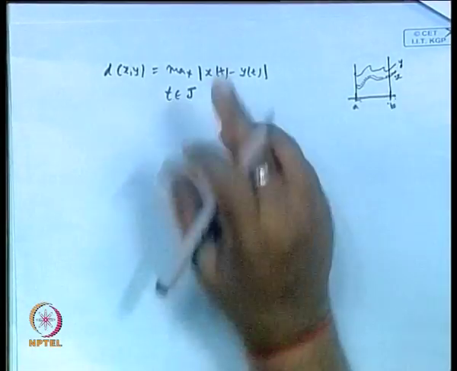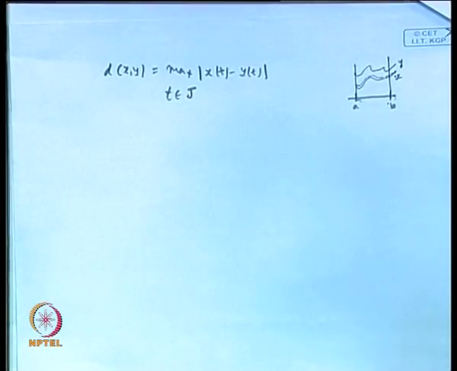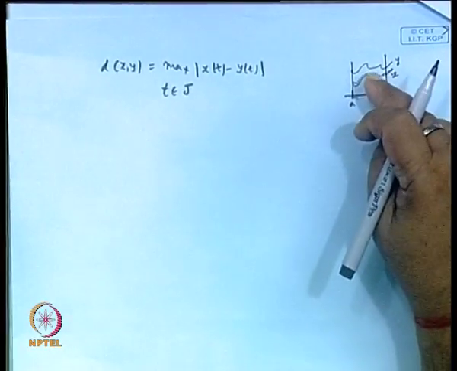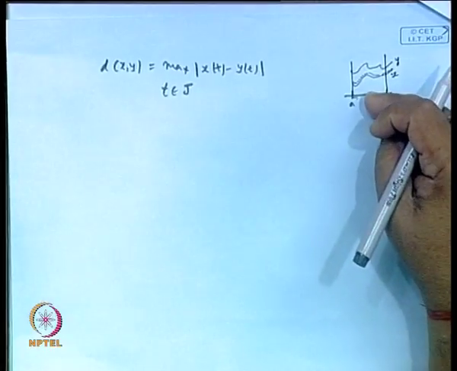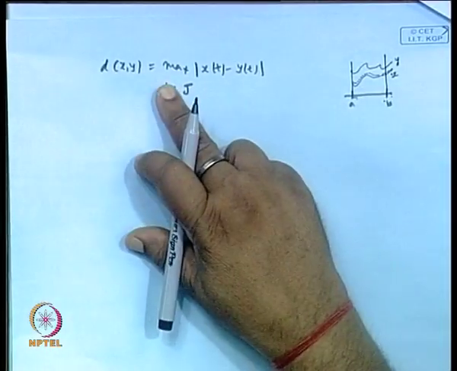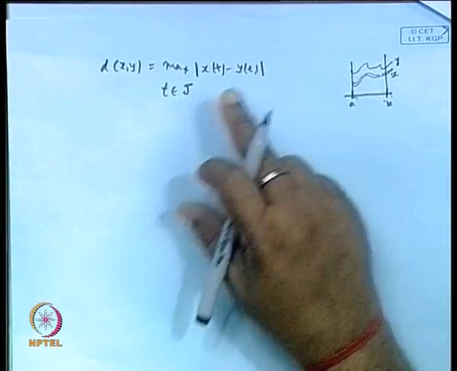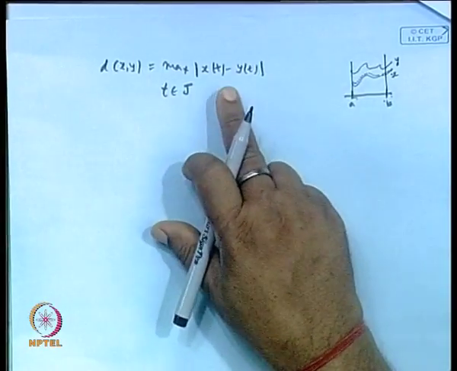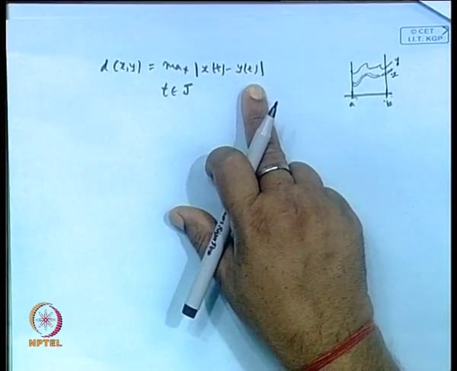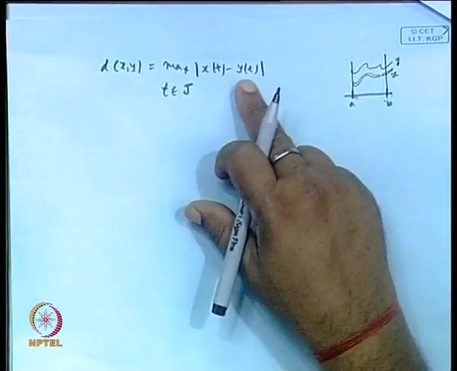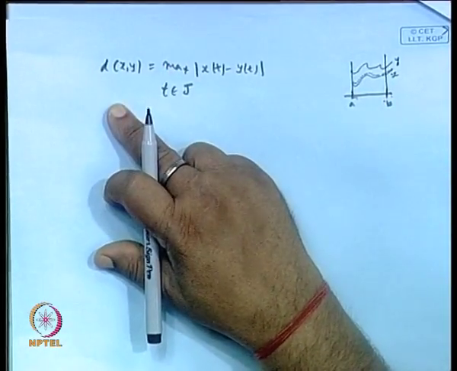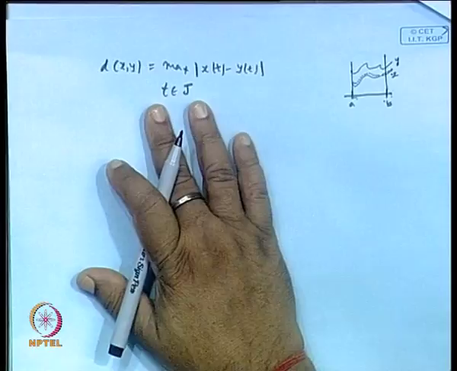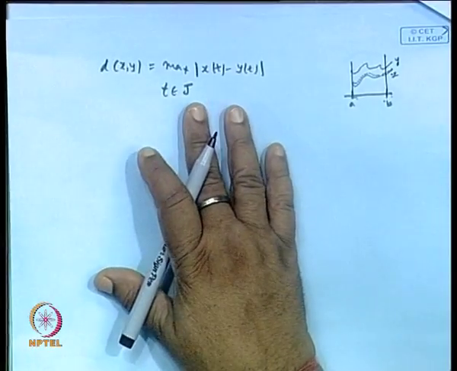Otherwise, the maximum difference will not go to 0. If there is a slight change in the x and y values, the difference can never be 0. So, if d(x,y) equals 0, the maximum difference is 0, which means x and y must be identical, and vice versa, if x equals y, obviously d of x, y will be 0. So, this satisfies the second condition also.